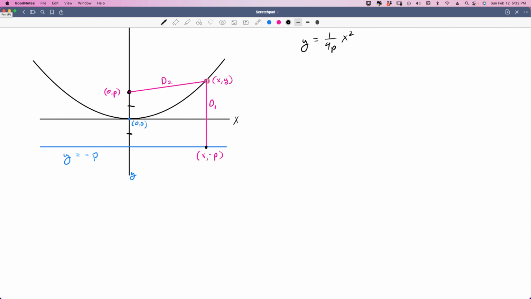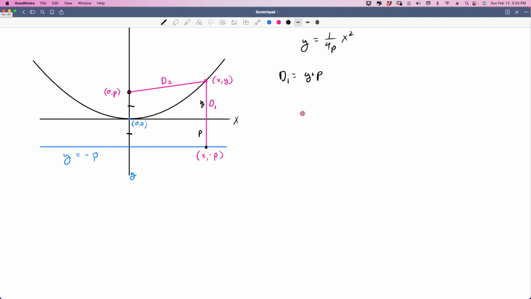So you have this y value here, and then you have this value here, which is p. It is the distance between here and here. So distance 1 is equal to the y value, so the height here, and the absolute value from x to negative p. So distance 1 is going to be equal to y plus p. That should make sense. This is your y value right here. It tells you how many units tall this is. Does that make sense? So y plus p is going to be the distance 1.